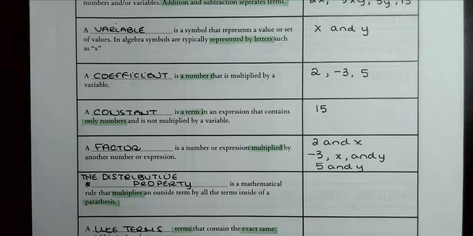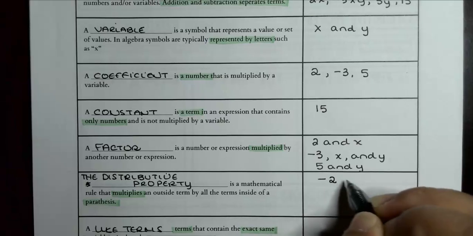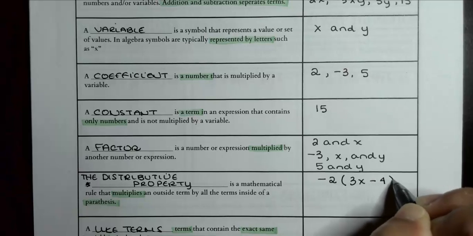And there should be something inside of those parentheses, and there should be something on the outside. So I'm just going to give you an example because our expression that we've been using, we can't use that for the distributive property. So say, for example, I have a -2, open parentheses, 3x minus 4.